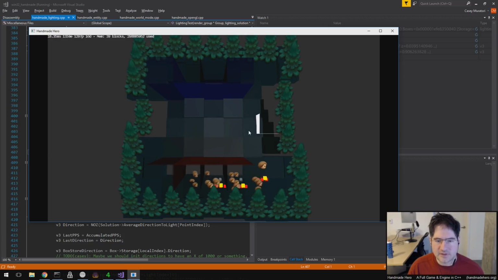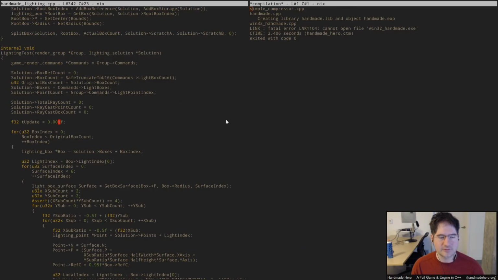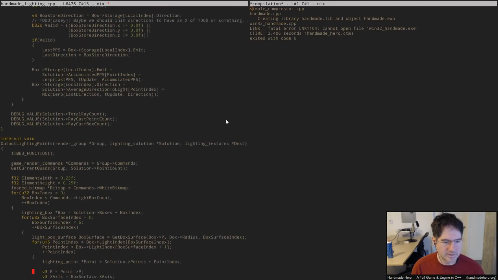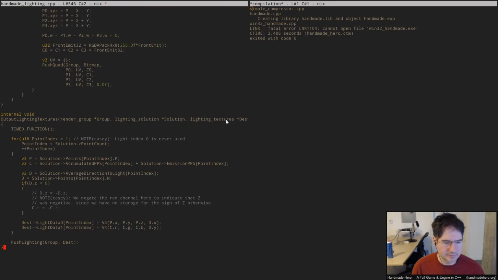I can eventually drop it low enough to the point where you don't see the flicker, which suggests that the blending is working okay. So maybe that's all right. So let's set it to something reasonably low. And I'm going to put a note in here.